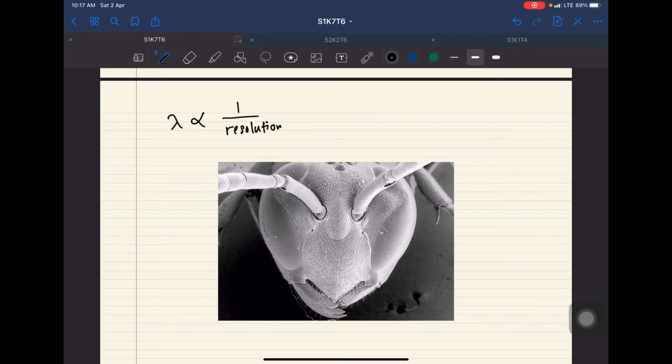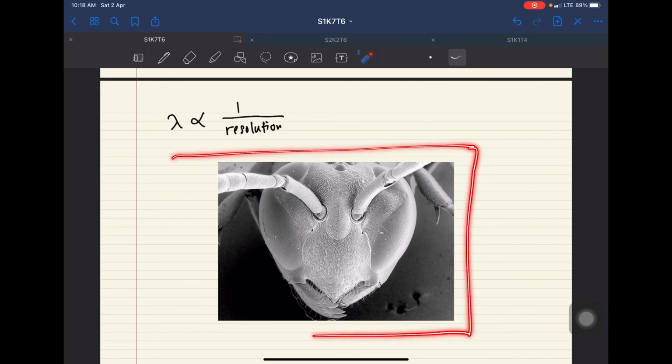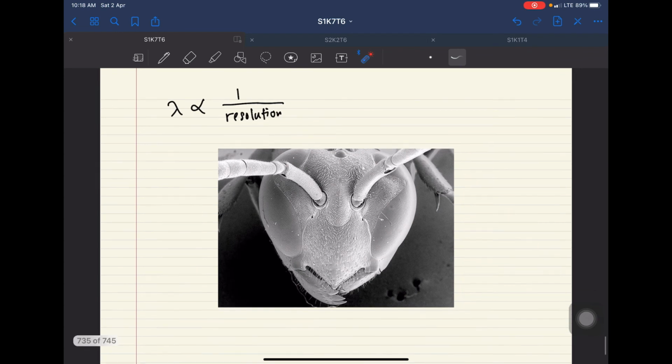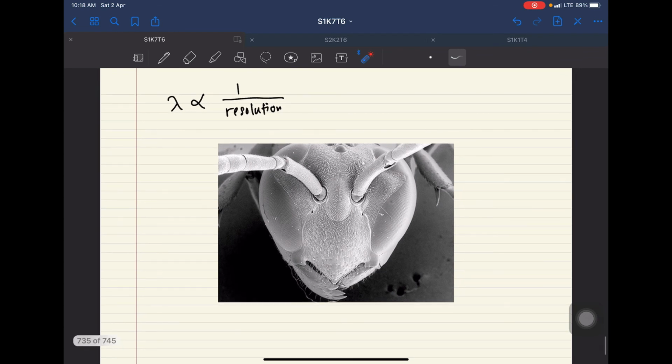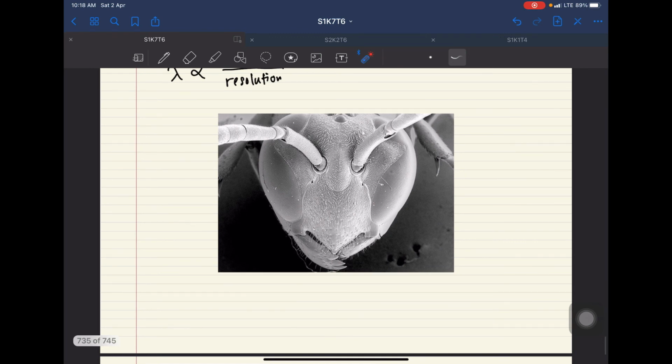So as long as you can have high enough potential, you can produce low enough lambda, and as a result you can have a very high resolution microscope. This is an example of a scanning electron microscope. Electron microscopes have different types, like transmission electron microscope and scanning electron microscope. You can look through your notes for that. This is just an example.